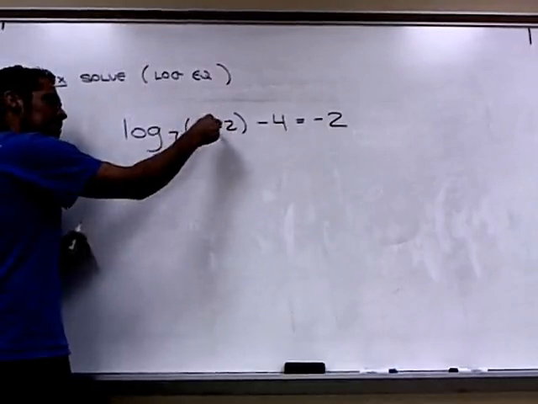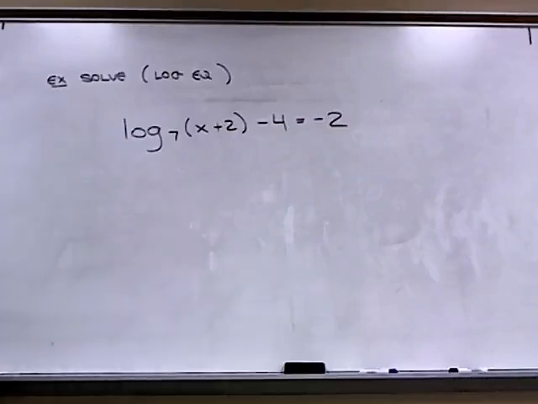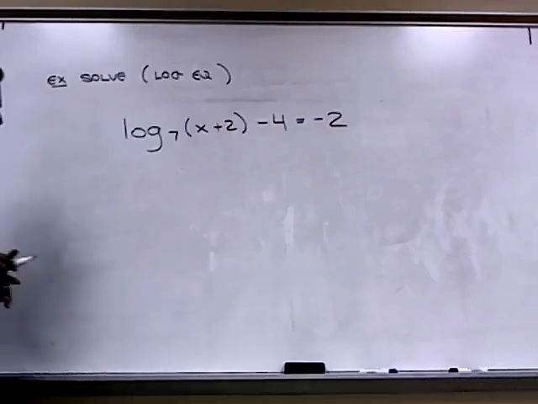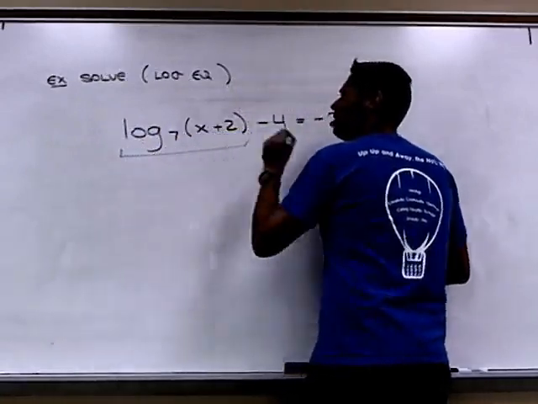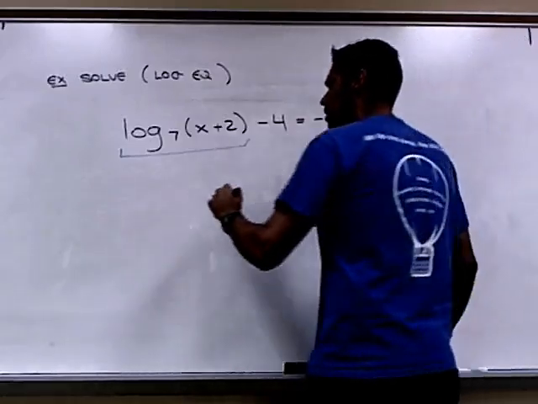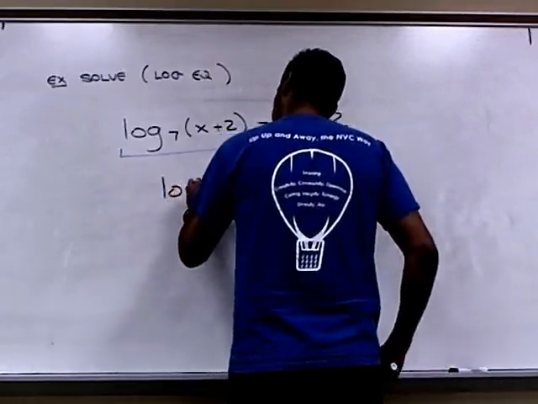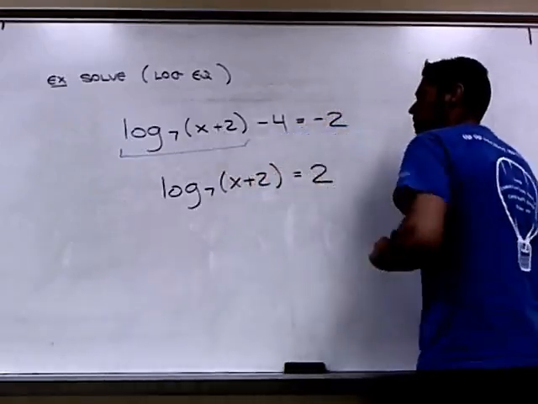So my x is trapped in there, isn't it? I'm going to untrap it. But the way to untrap it is I first have to isolate the log term. So I still need to get rid of that negative 4 by adding 4 to both sides. Yes. Okay, so I get log base 7 of x plus 2 equals 2, right?